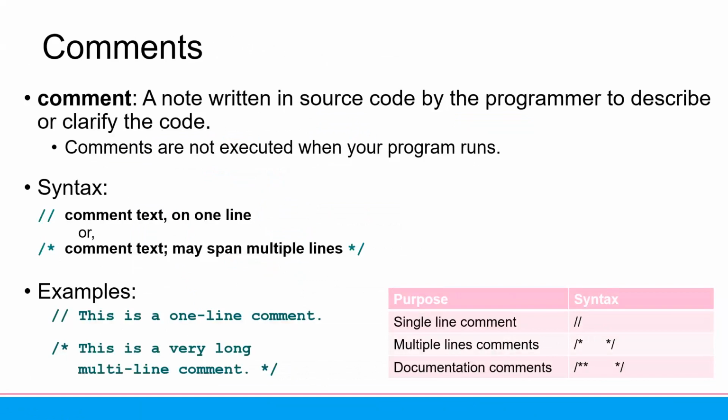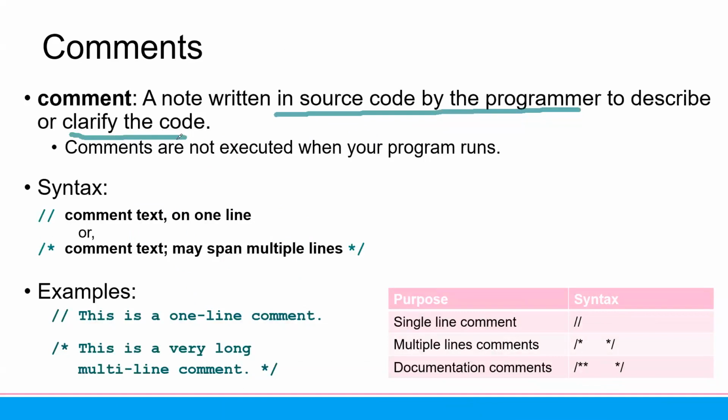Comments means it is a note written in the source code by the programmer to describe or to clarify the code. So for example, if you later do the final project, and if you do with your friends, you need to mention that you already make your parts.